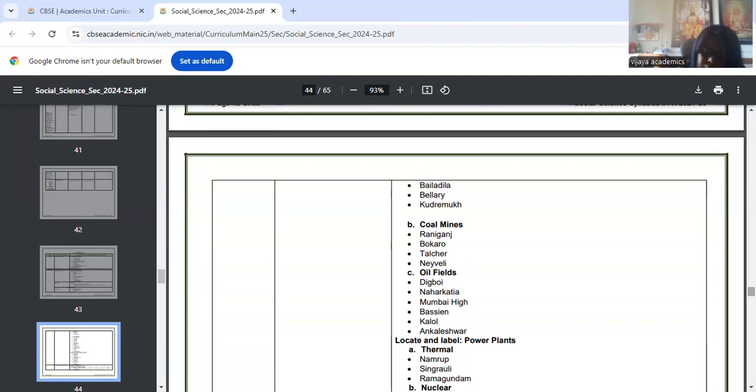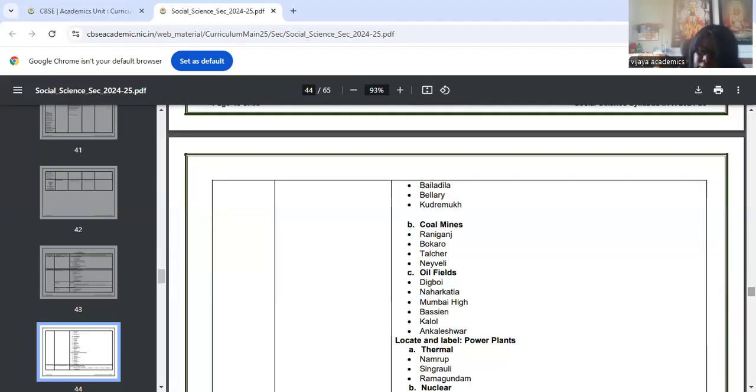Then coal mines: Raniganj, Bokaro, Talcher, Neyveli. Oil fields: Digboi, Naharkatia, Mumbai High, Bassein, Kalol, Ankleshwar.